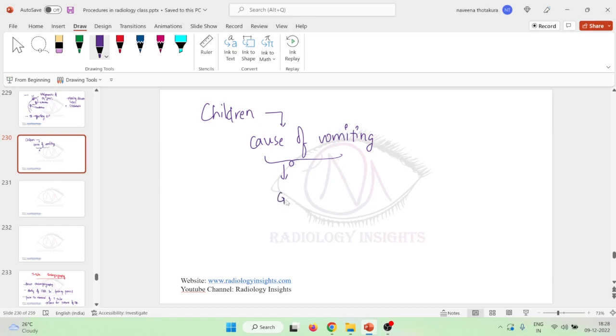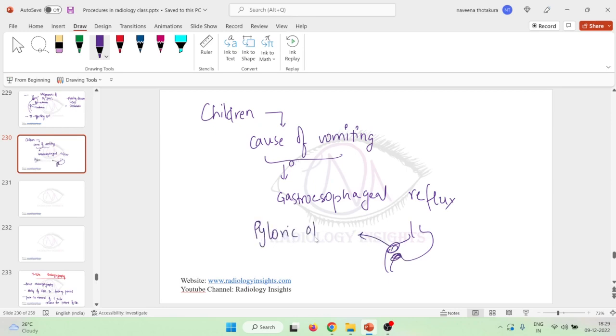The cause of vomiting in a child can be due to gastroesophageal reflux, or some pyloric obstruction like pyloric stenosis, or it can be due to malrotation of the gut. All these can be diagnosed with the help of barium meal.